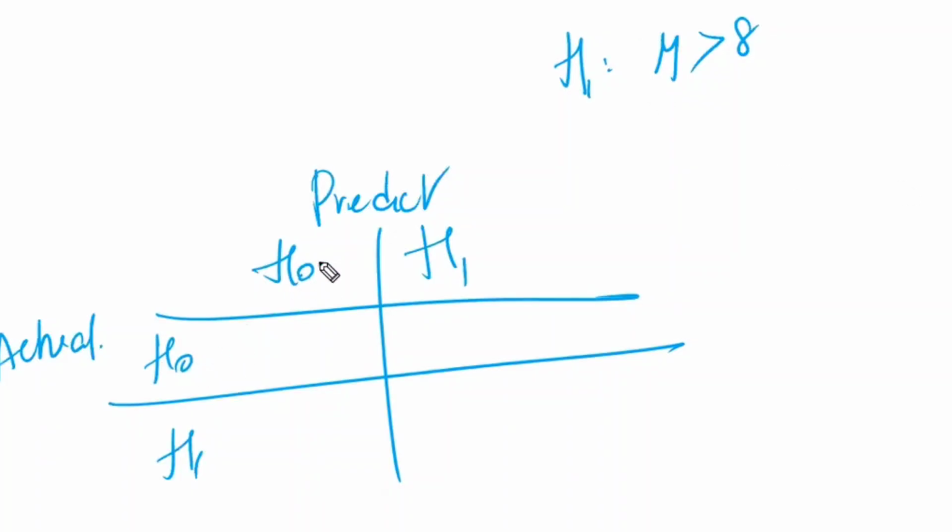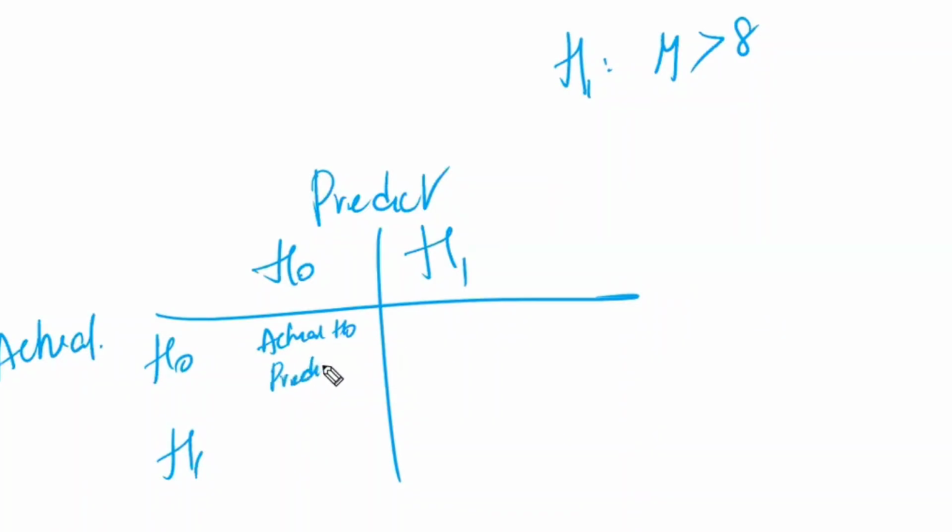And you have predicted H0 also. Actual is H0 and predicted also H0. This means you have correctly predicted, or correctly accepted. You are correctly accepting the H0.